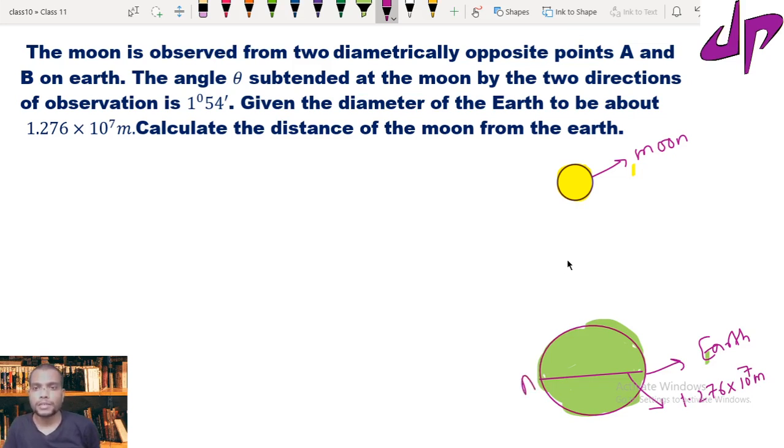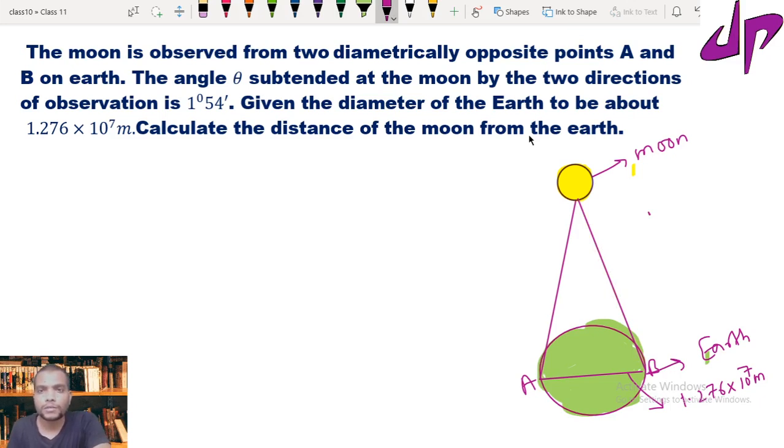Now from points A and B on the diameter, they are observing the position of the moon. From point A they are observing the moon at one point, and from point B they are observing the moon at another point.